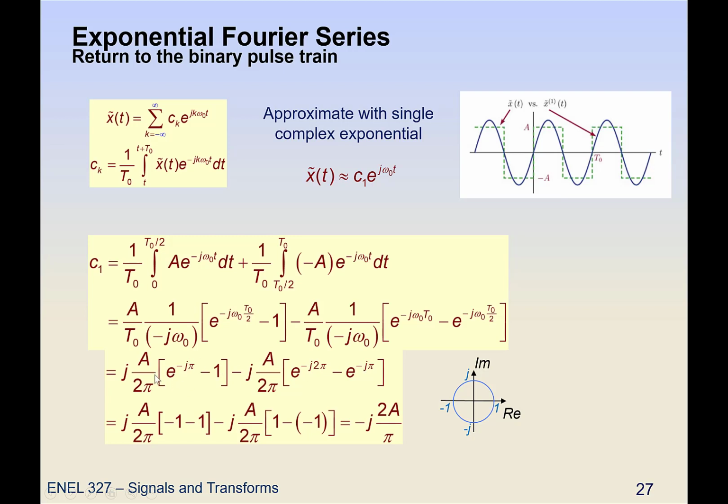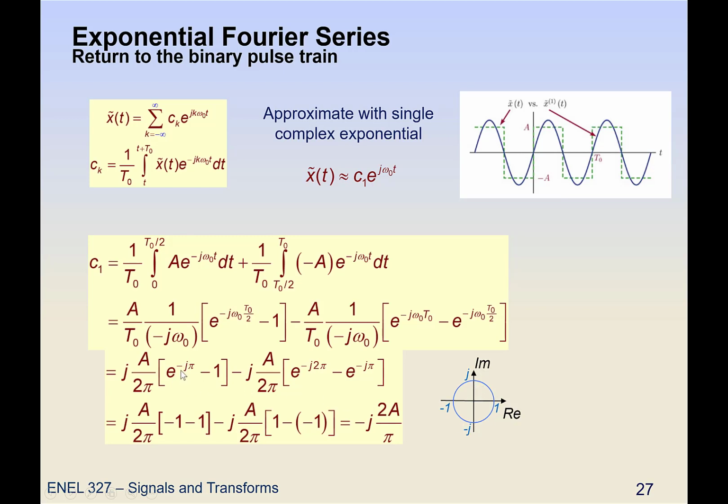So now what are the values of those? In general, they could be anything, but remember that e to the jx is actually always on the unit circle in the complex plane. The point on the real axis is equal to 1 or minus 1, the point on the imaginary axis is either j or minus j.